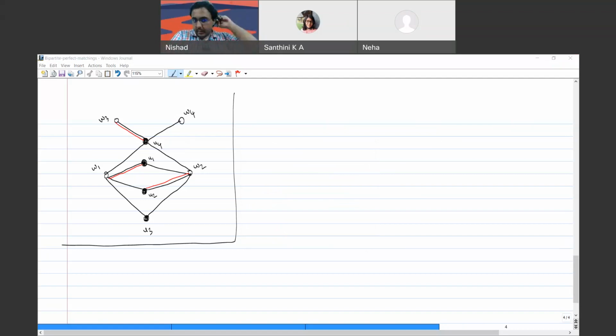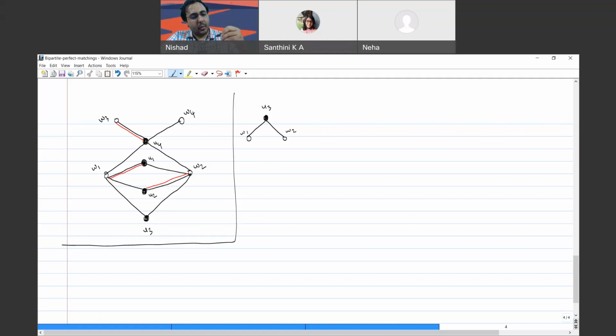Okay, so let's start with an exposed vertex, which is in the color class, the black vertices. So let's start with the vertex U3. And let's look at all the neighbors. So we get W1 and W2. This time I'm going to do it a bit faster.